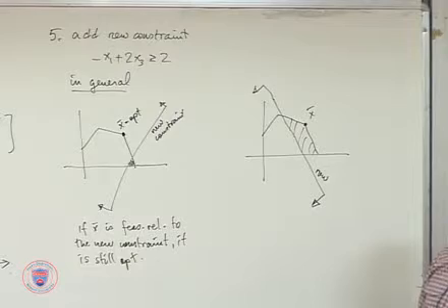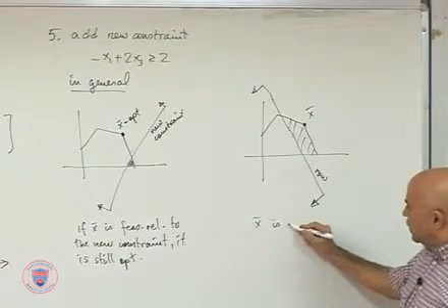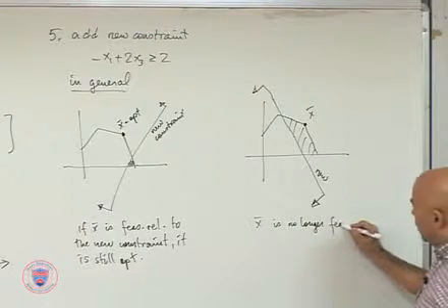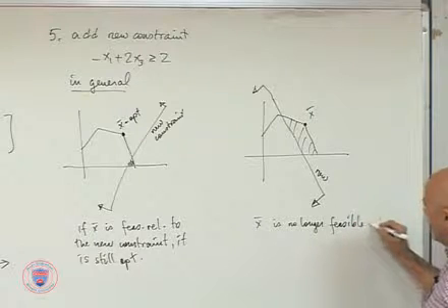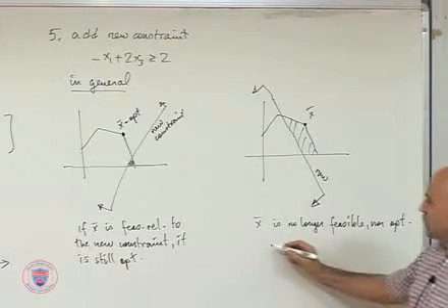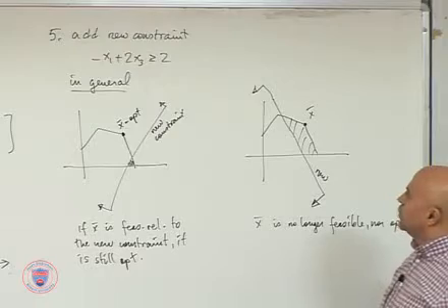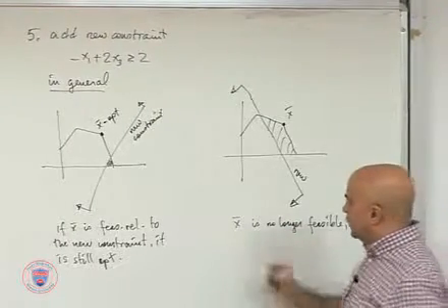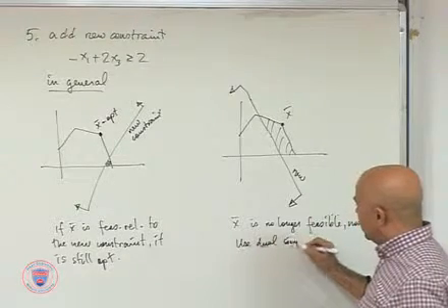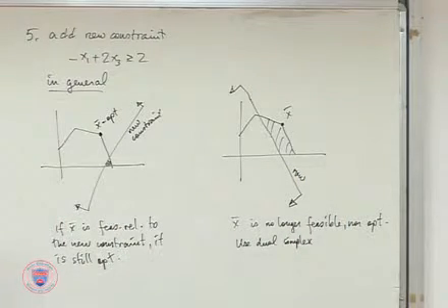In this case, of course, x bar is no longer feasible, and so it's no longer optimal. You need to compute the new optimum solution and use the dual simplex method because you lost primal feasibility. Okay?